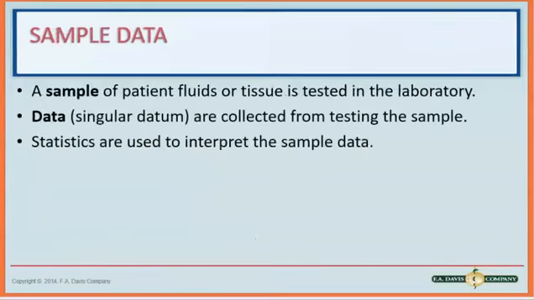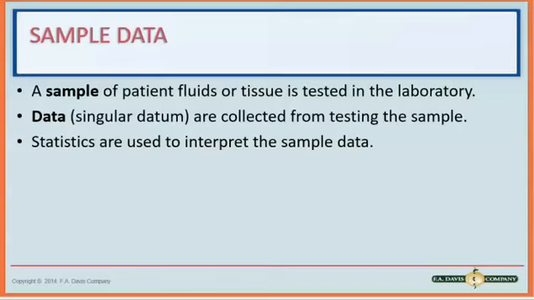Here's a couple of more definitions that we need to be aware of and know the difference between. A sample is the patient's fluid or tissue that's being tested in the laboratory. So this is what we're actually testing, is the sample. The data is what's being collected from the test sample, or the information that's being collected from the test sample.